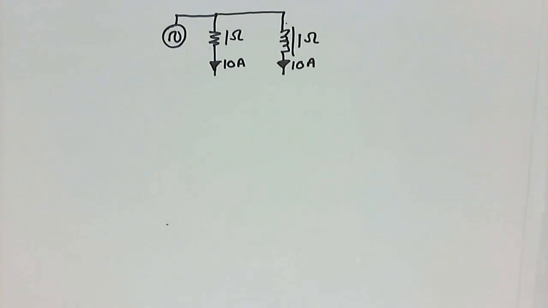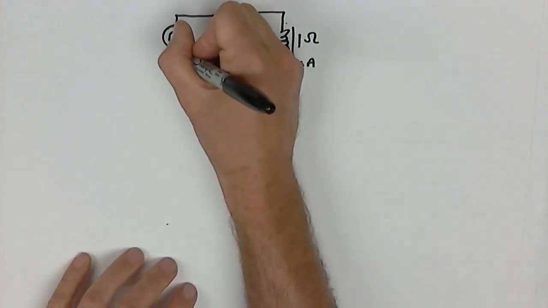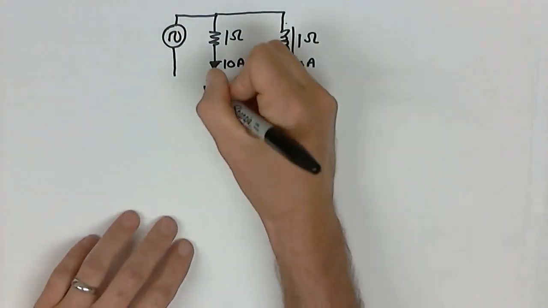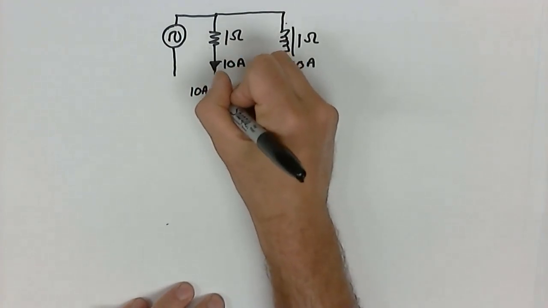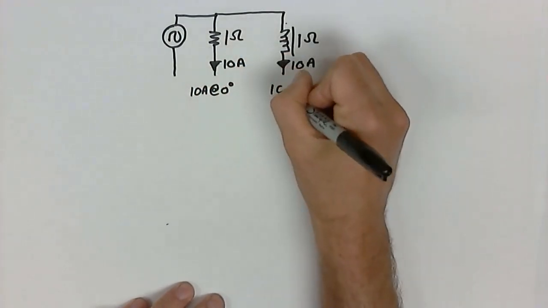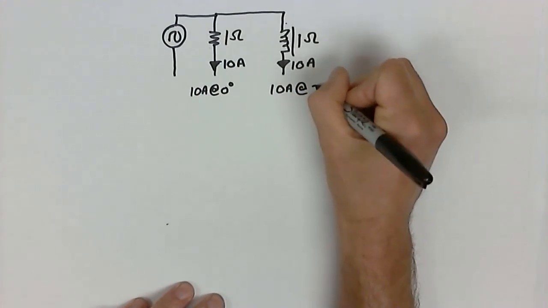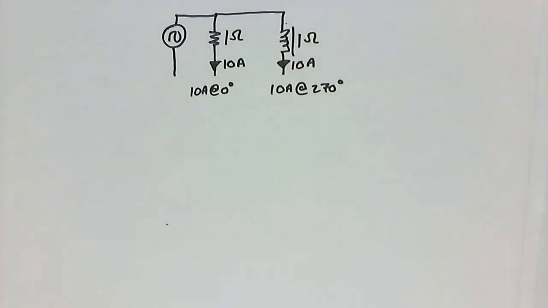Now, if these are pure inductor and pure resistor, then that means I've got 10 amps at 0 degrees, and I've got 10 amps at 270 degrees.